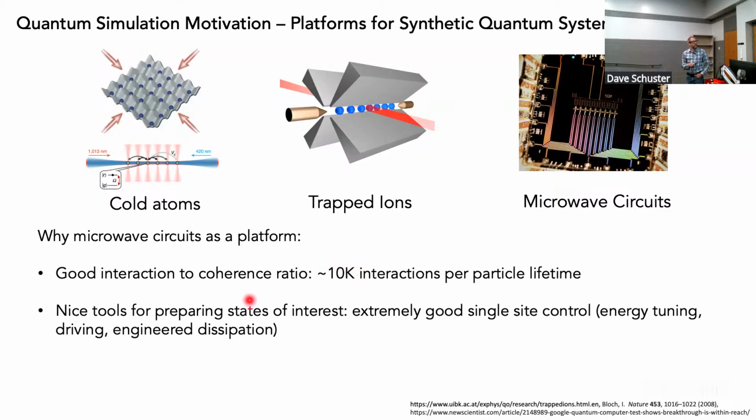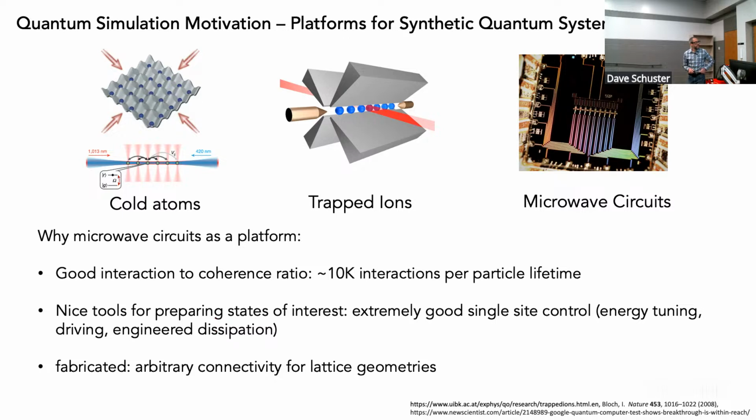With our qubits and microwave photons, we have really nice single photon control, so we can really manipulate the environment. We can control the properties of our atoms, if you will, in AutoCAD, and we can control our environment pretty dramatically as well.